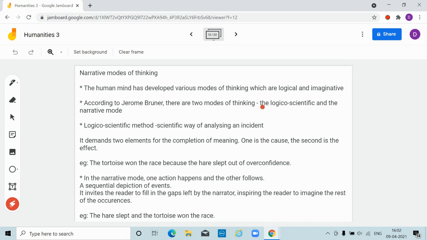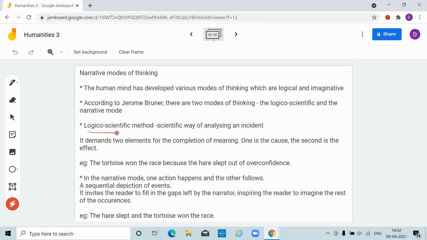One is the logical scientific mode, and the second is the narrative mode.